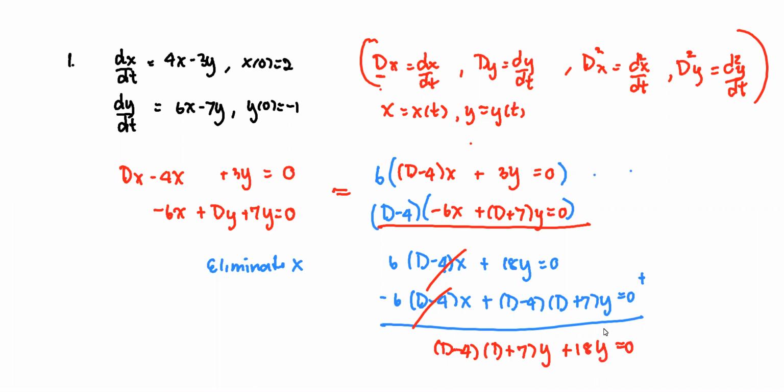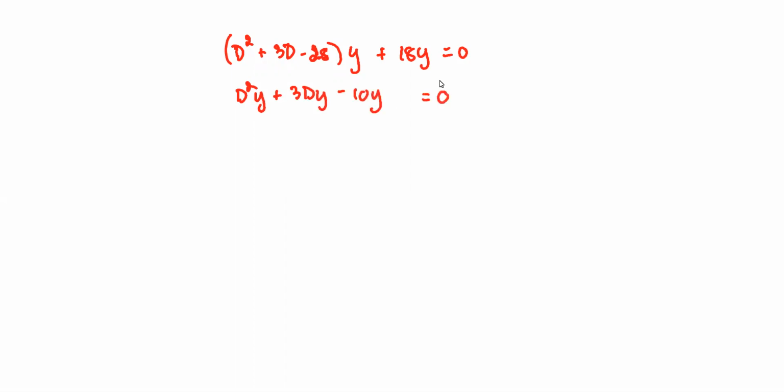Expand them all out to get the equation as (D squared plus 3D minus 28) multiplied by y plus 18y equals 0. Simplify like terms to get D squared y plus 3Dy minus 10y equals 0.